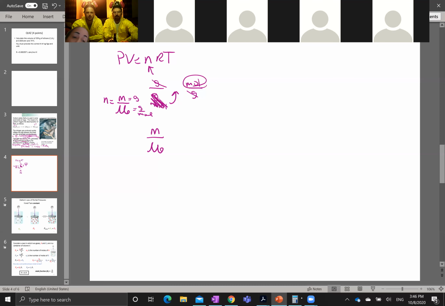Those are the symbols. So if I insert that instead of the n, I put the little m over the capital M, I would have this. I just substituted it. Now, I want to find the density of a gas. What are the units of density?